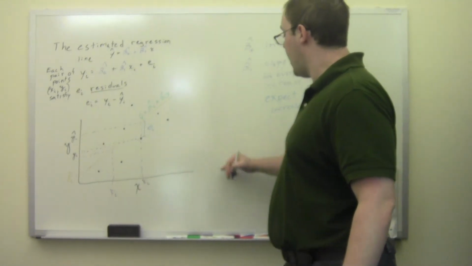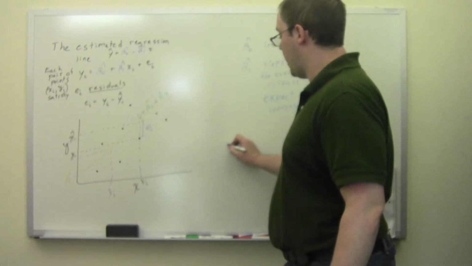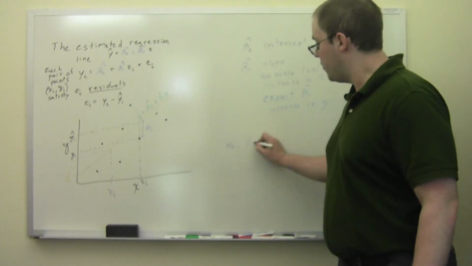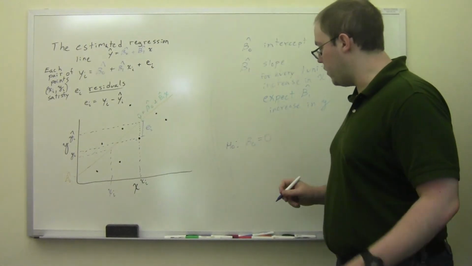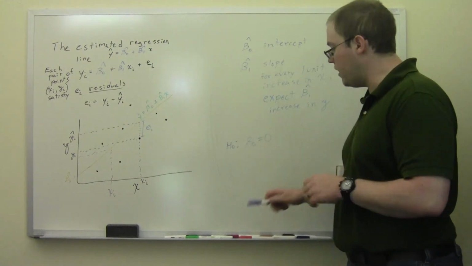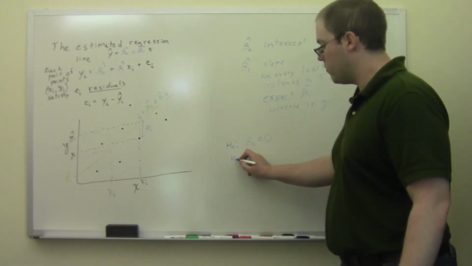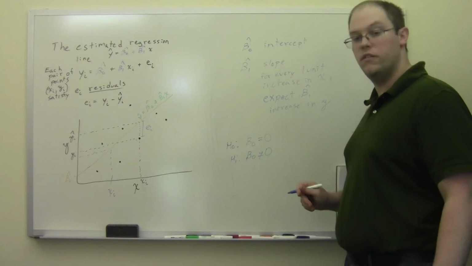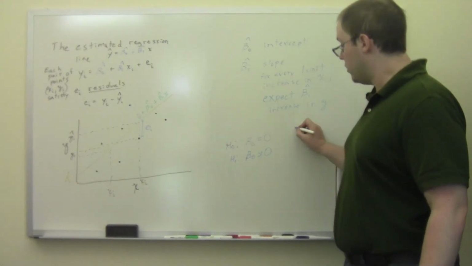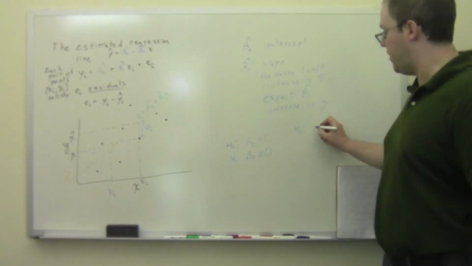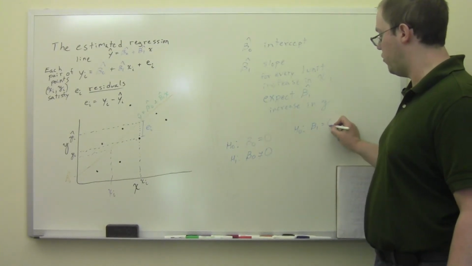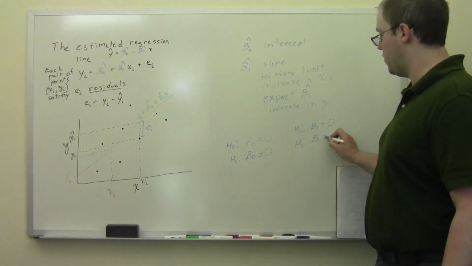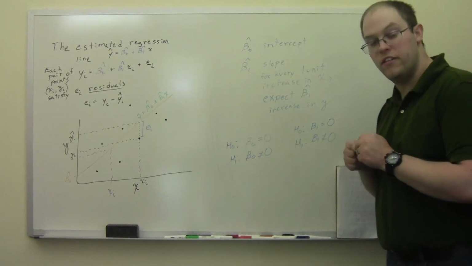The null hypothesis will be that the true value of this coefficient is equal to 0, and the alternate hypothesis will be no, it's not equal to 0. Likewise, we'll have a hypothesis test on this beta 1 coefficient. Is this beta 1 coefficient equal to 0, or is it not equal to 0?